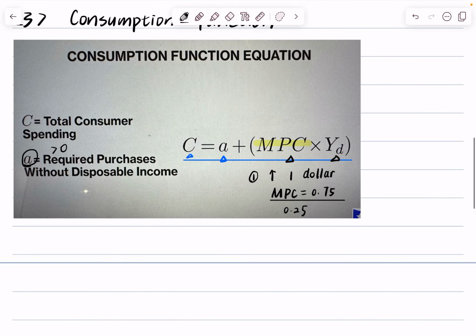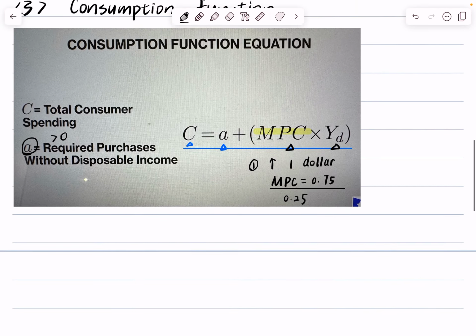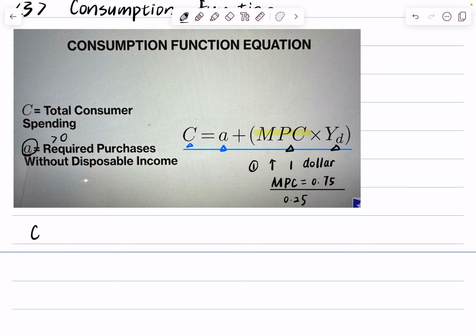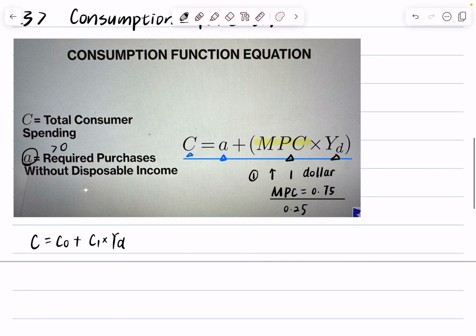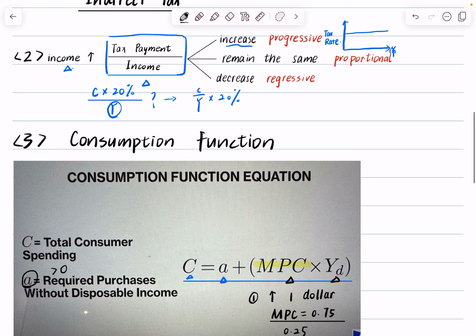To be honest, I usually write the consumption function as C equals C0 plus C1 multiplied by YD. And then what we want is consumption divided by income.